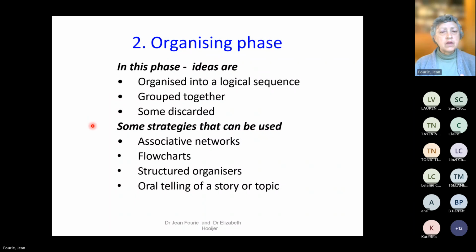And there are lots of flow charts and structured organizers, associative networks, ways that you can put together little worksheets or something as you're going with the child to organize your ideas into a logical sequence.